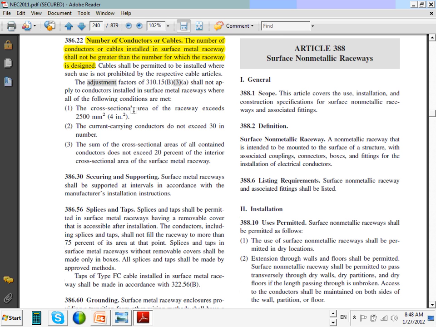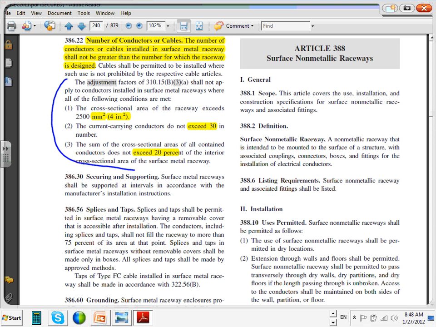If you are to fill it 20% like the wireway, and the size exceeds 4 square inches, and you are not carrying more than 30 hots, then you don't have to derate. Can you see that little exception here? 30 hots. So if you do it this way, it becomes a wireway. You can treat it exactly like a wireway.